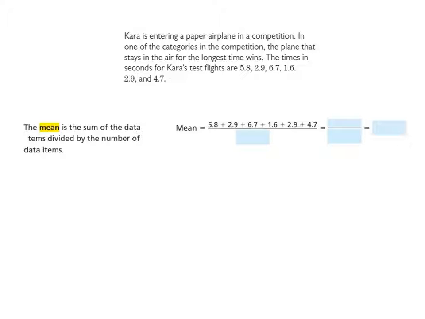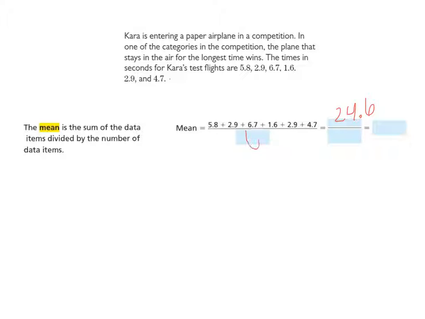Now I'm going to tell you right now, you may use a calculator today. On your Chromebook, you can just pull it up. But when I added these all up together, it's 24.6. Now I'm going to divide it by the number of times she flew the plane. So it looks like 1 time, 2, 3, 4, 5, 6.